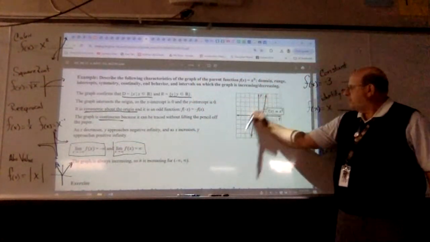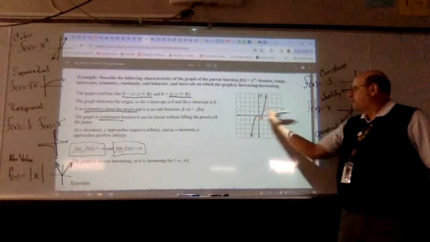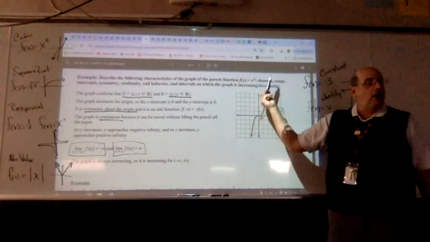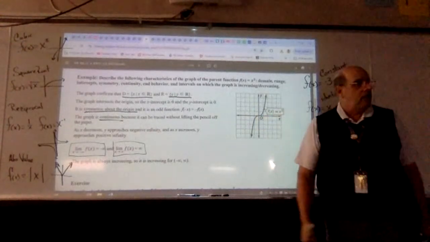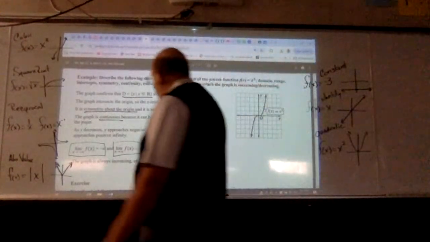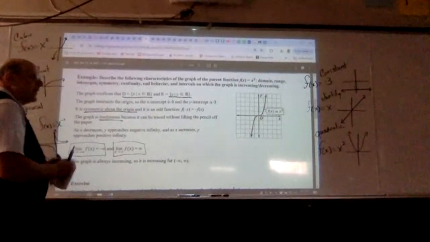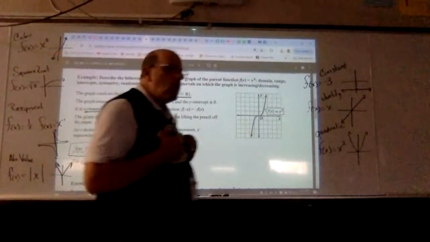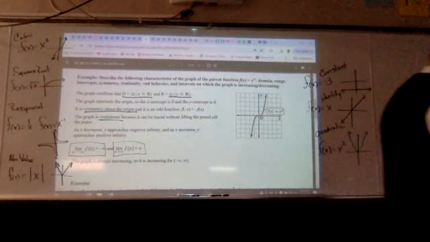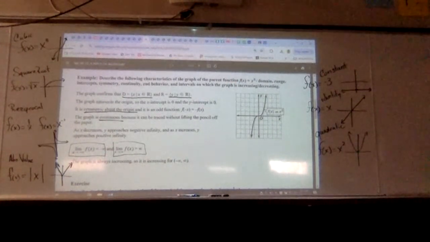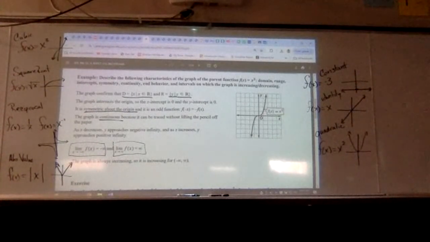As x approaches positive infinity, this bad boy's going up, therefore it's infinite. Beautiful. Oh, it says the graph is always increasing. Thank goodness, I got scared that they wrote something goofy on the paper. Good? Awesome.